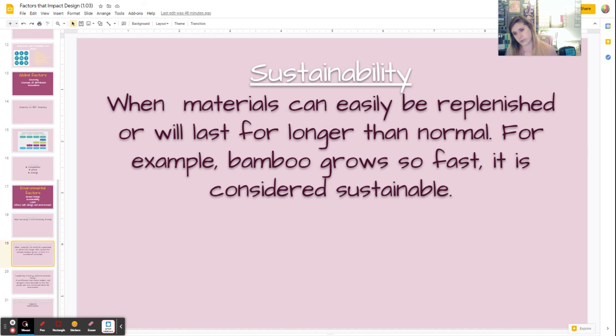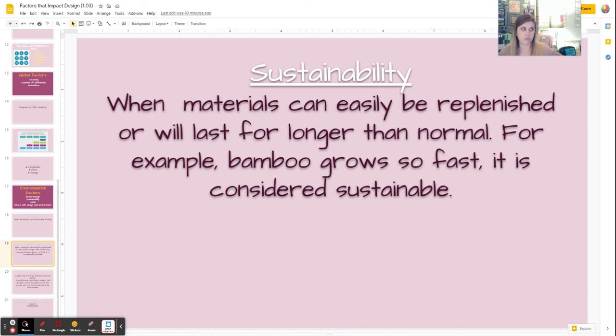It's a part of going green that is not talked about as much as it should be probably. But it's when materials can easily be replenished or will last for longer than normal. It'd be a sustainable material. For example, bamboo grows so fast it's considered sustainable.